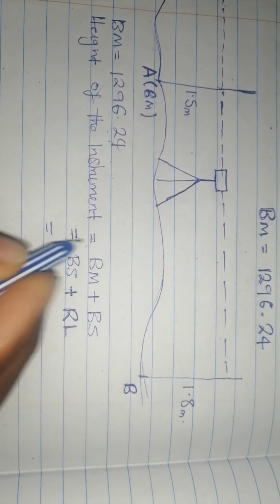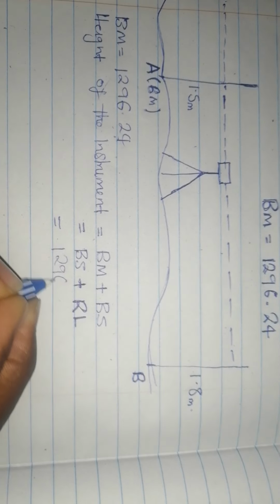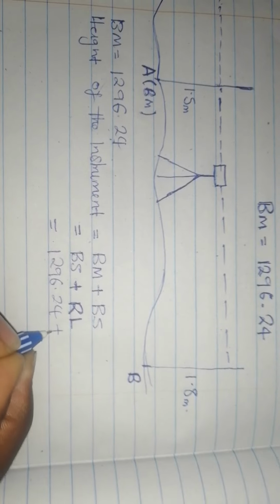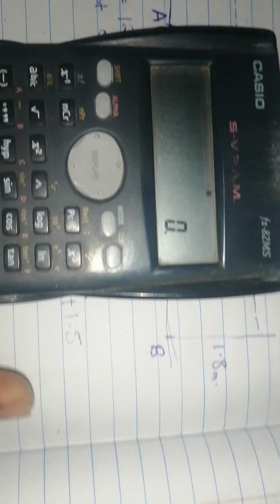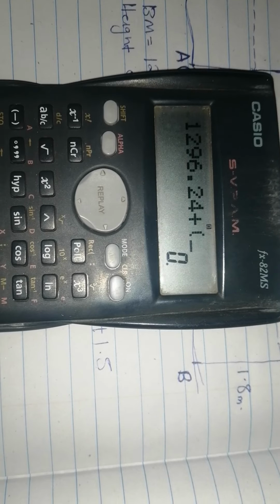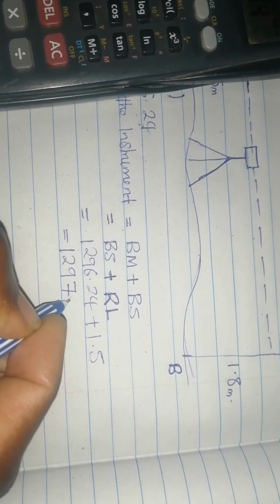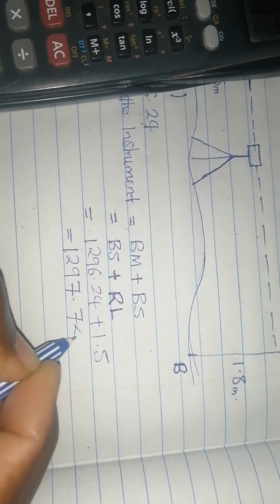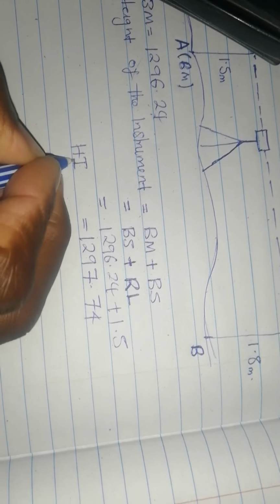So you say BM, or reduced level, which is 1296.24 plus 1.5. What is the answer? Let's get that. 1296.24 plus 1.5, you have 1297.74. So this is the height of the instrument, HI.